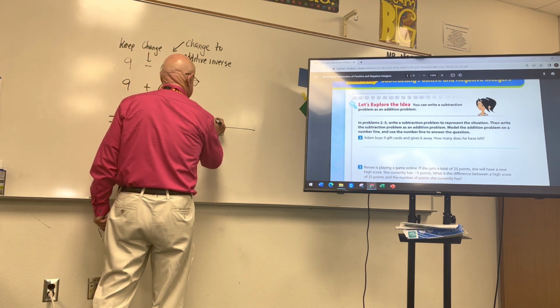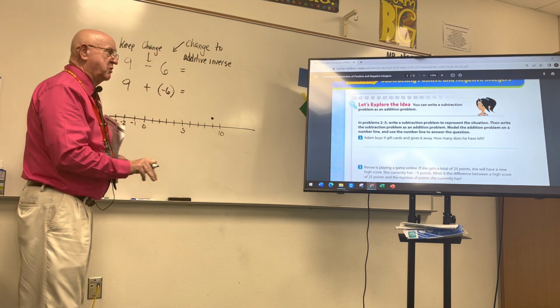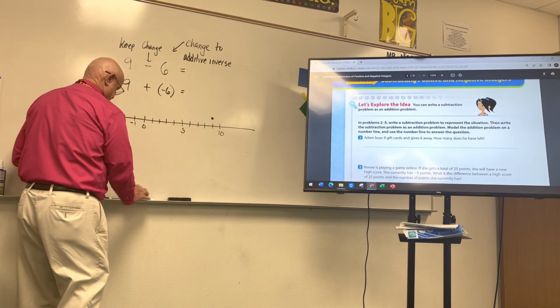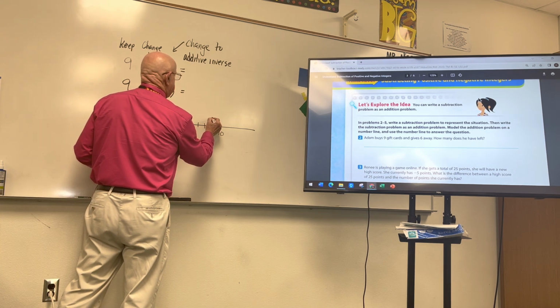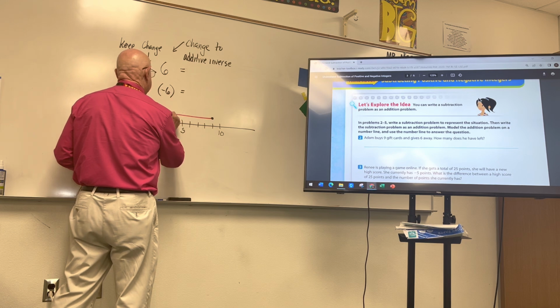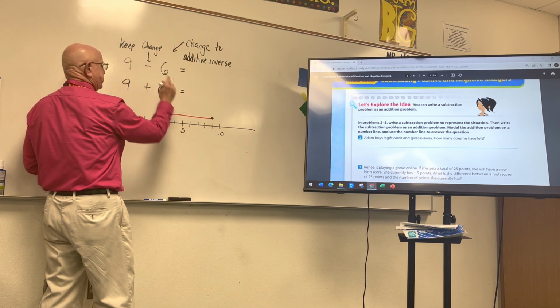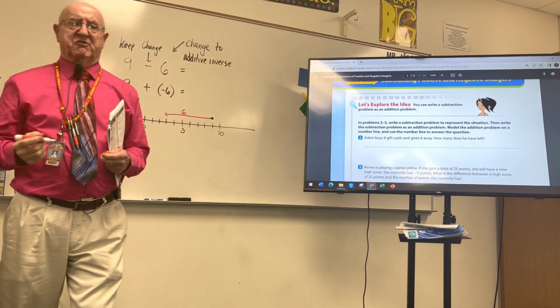I start at 9, put a dot there, and then I'm going to move my line 6 spaces in this direction. And if I do that, I'm going to end up right here. But I'm taking away a +6, so that's what I write on the line here, +6.